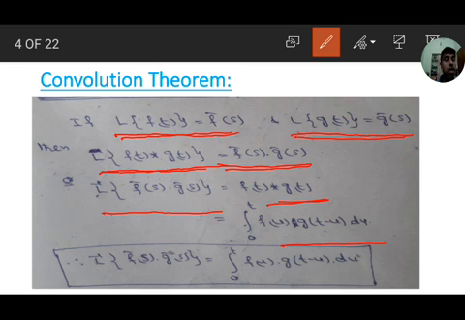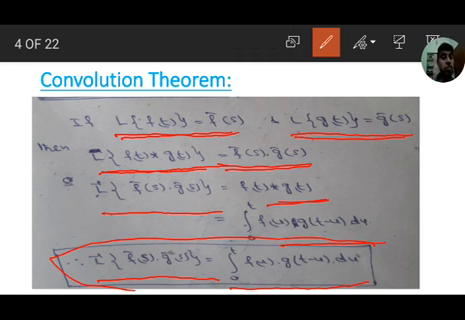That is the convolution theorem. Therefore, L inverse of f bar s into g bar s equal to the integration from 0 to t of f of u into g of t minus u du.